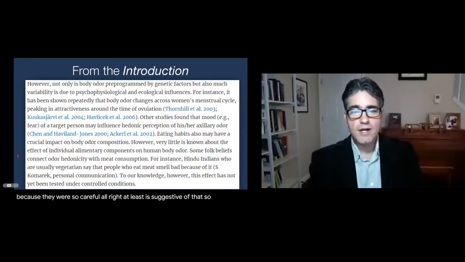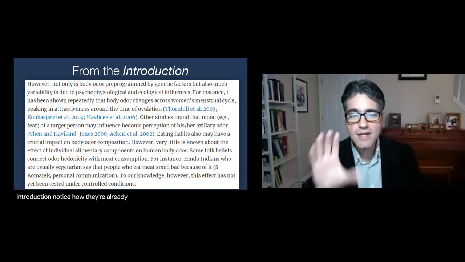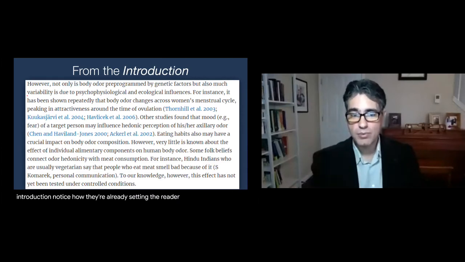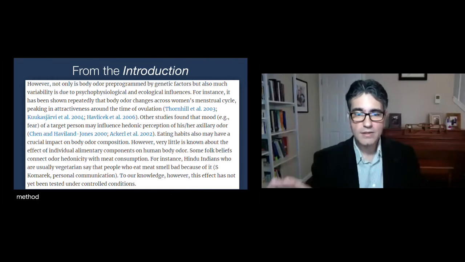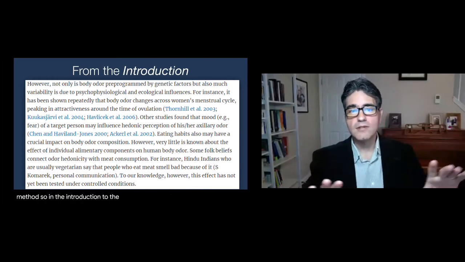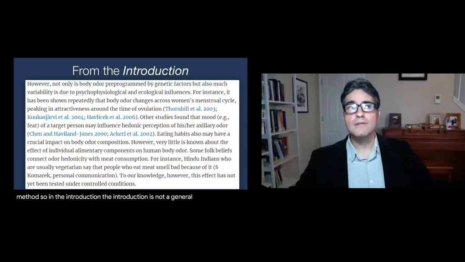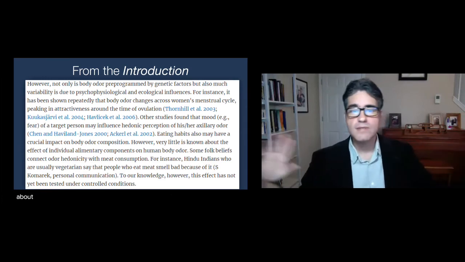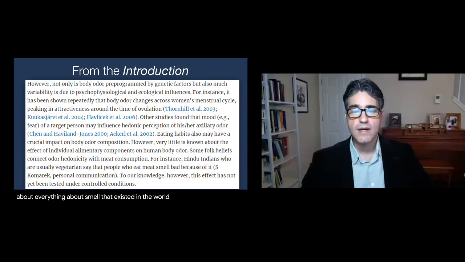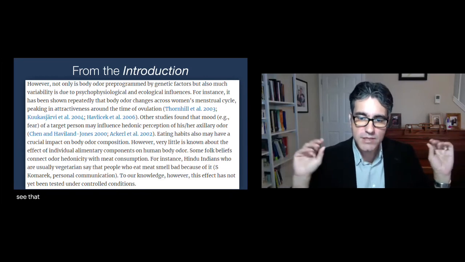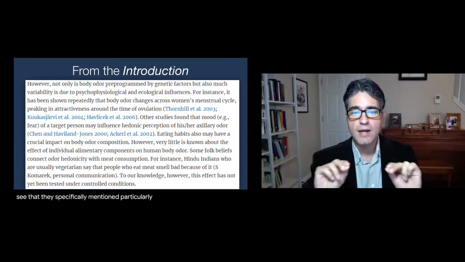So in the introduction, notice how they're already setting the reader up for parts of the method. The introduction is not just a general discussion about everything about smell that existed in the world of science, but you can see that they specifically mention particular elements.